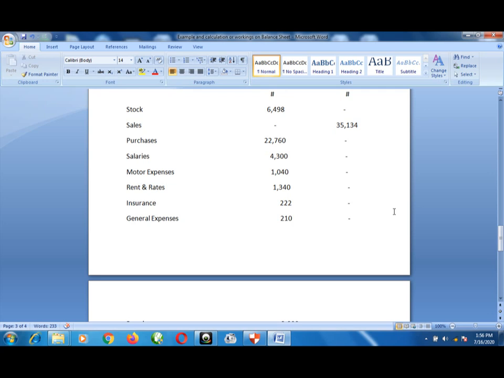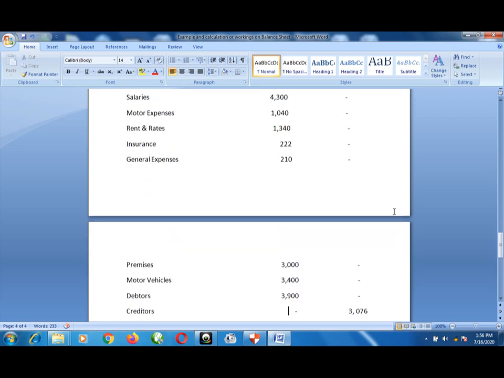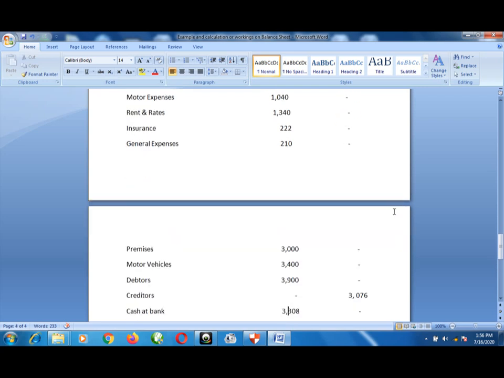The expenses are salaries, motor expenses, rent and rates, insurance, and general expenses. At the end of the profit and loss account, if your income is greater than the expenditure, you will have your net profit. It is that net profit that you add to the capital in the balance sheet.